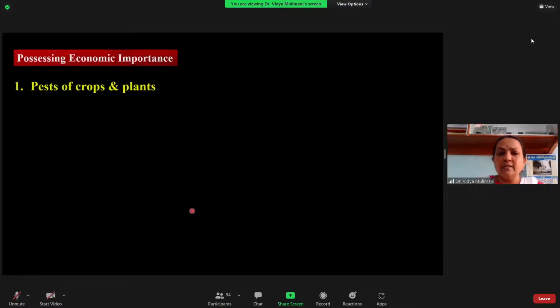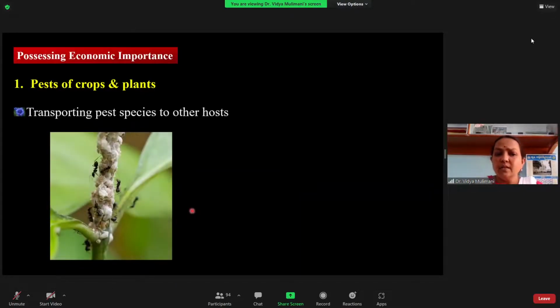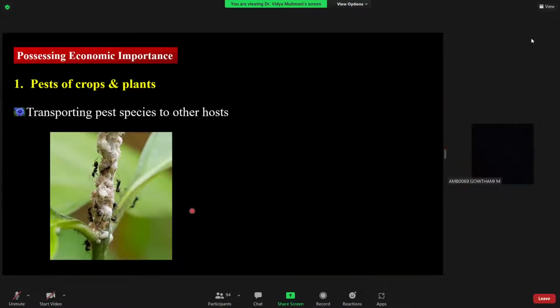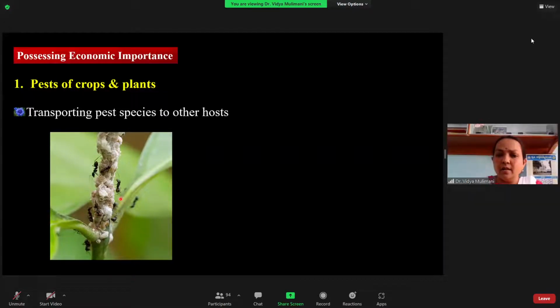The third is transporting the pest species to other hosts. Especially you can see here, this is a mealybug, and in the last courses you studied Homoptera. It may be aphids or mealybugs or any sucking insects. You can see here the ants are attending. You know why ants attend these sucking insects. They give honeydew, which is sweet in nature.